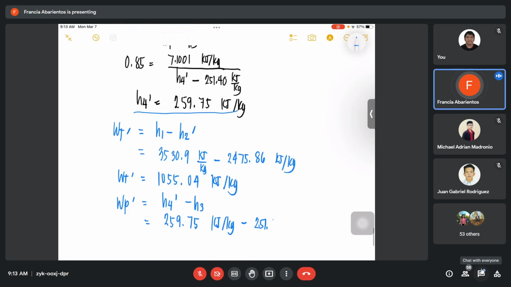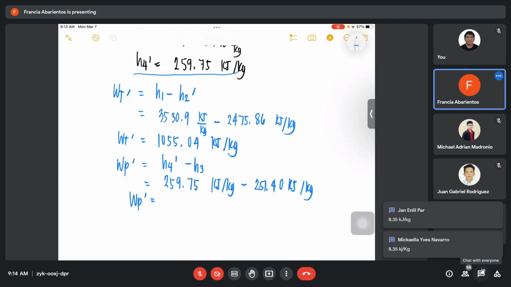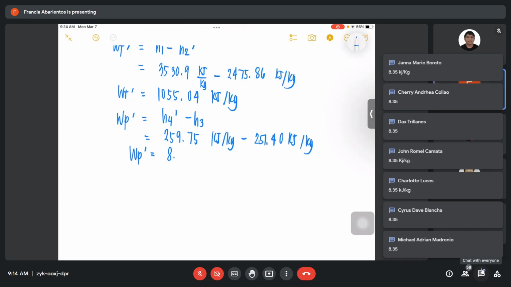Sige, paki-compute niyo for the pump work. What is now the pump work? We have 8.35 kilojoule per kilogram. Okay.